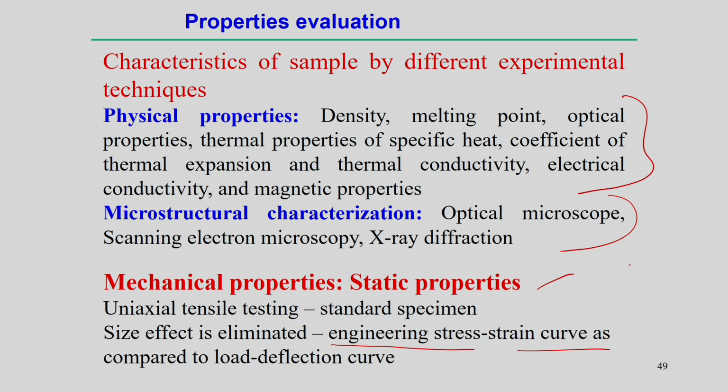So, stress is defined simply as the load divided by the original cross-sectional area, and strain is defined by the change in length, say L1 minus L0, with respect to the original length. So, that stress and strain we can represent, and of course the size effect is eliminated, as compared to the load versus deflection curve in uniaxial tensile testing.